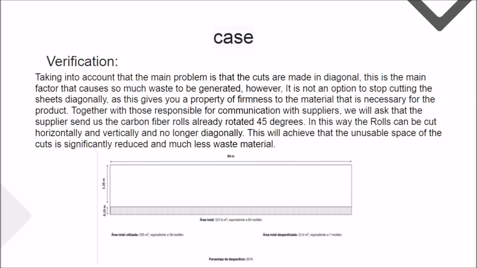Together with those responsible for communication with suppliers, we will ask that the supplier send us the carbon fiber rolls already rotated 45 degrees, in a way that the rolls can be cut horizontally and vertically and no longer diagonally. This will significantly reduce the unused space of the cuts and produce much less waste material.